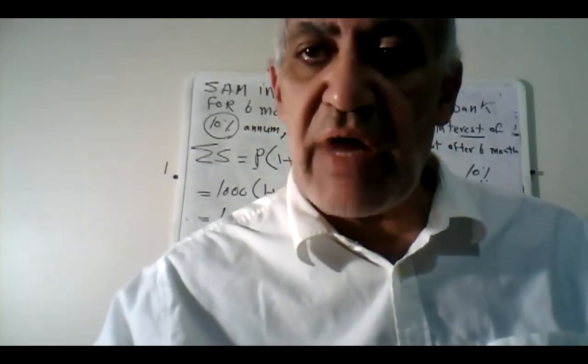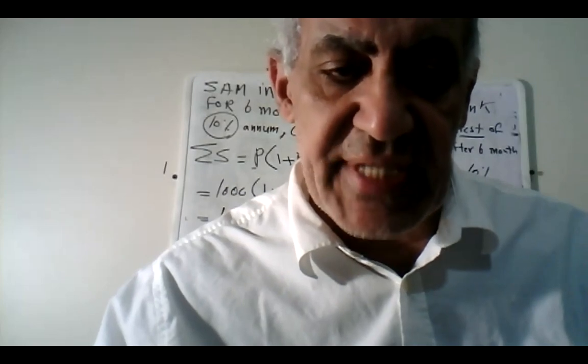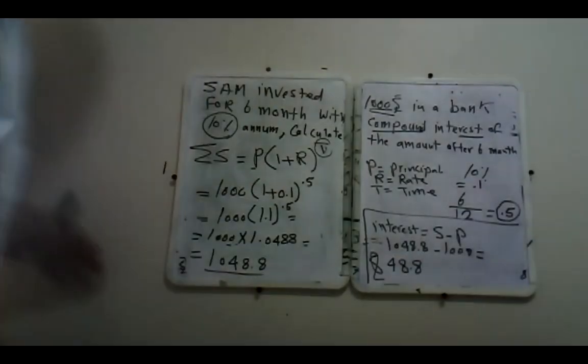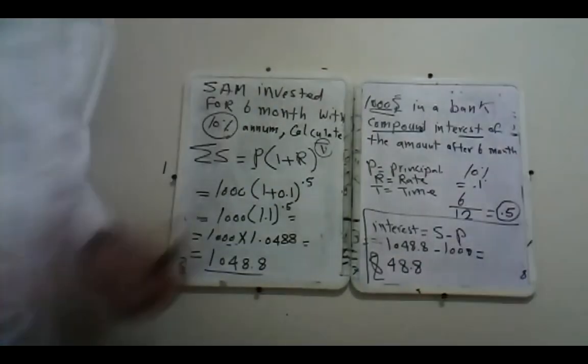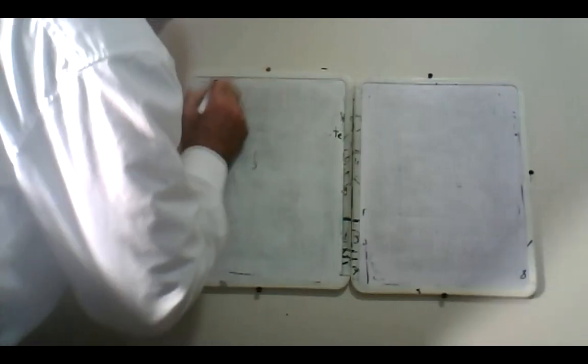So let's now go for our example. What is the example saying? Sam deposited $1,000 in a bank. So the amount is $1,000. This is the present value, so P will be 1,000.